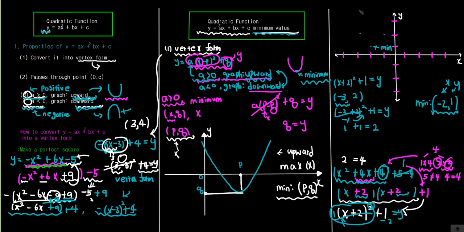And we can think about the basic shape of the graph, an approximate graph, and that graph should satisfy this whole equation, which means it should pass through all these points that we picked. And this will be our function, our vertex form, x plus 2 squared plus 1.